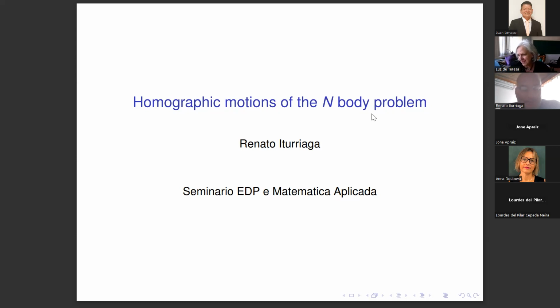Since this seminar is like Brazilian, Spanish, Mexican, etc., he's also a representative from mathematics from Brazil. He's also a member of the Mexican Academy of Sciences, and he was president of the Mexican Mathematical Society.